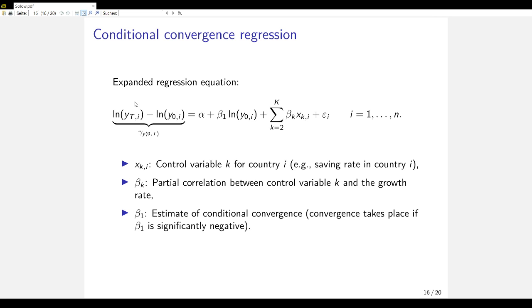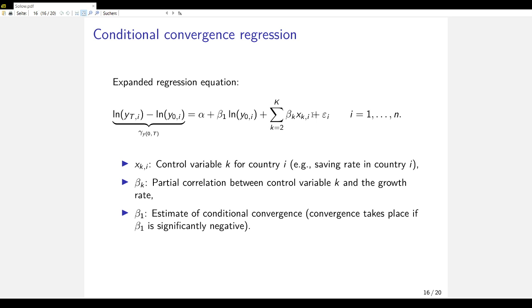So here we would again have the growth rate between time 0 and time t on the left hand side. Again, if we divide it by the number of years, we get an approximation of the average growth rate. We regress it on the initial level of per capita GDP, and now we include a number of control variables that should be associated with steady state differences between the different countries.